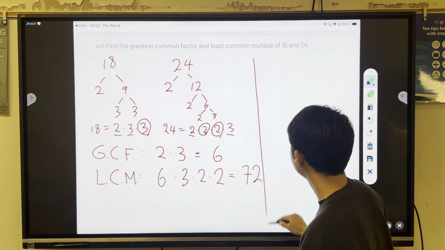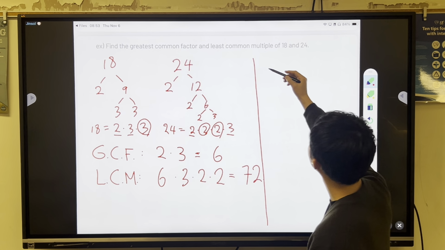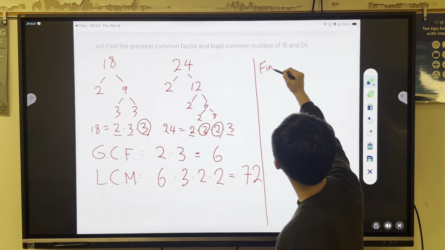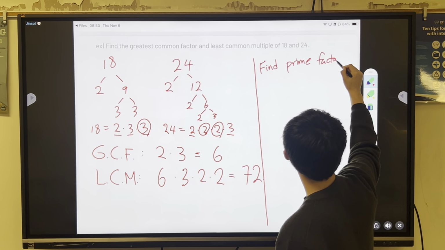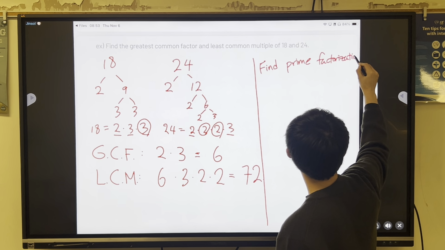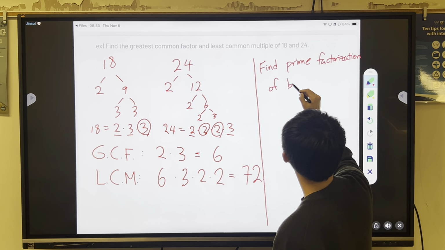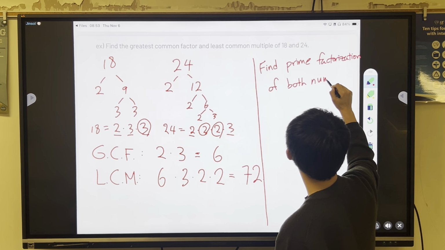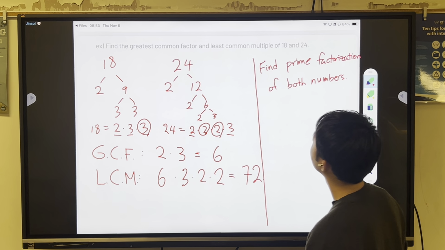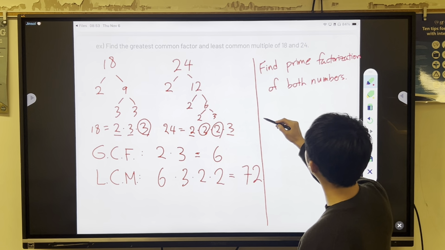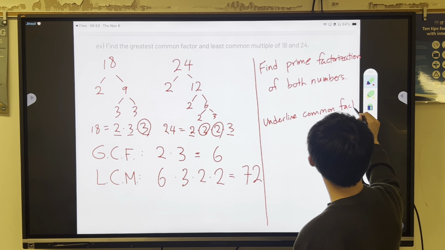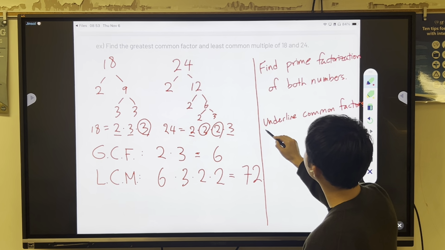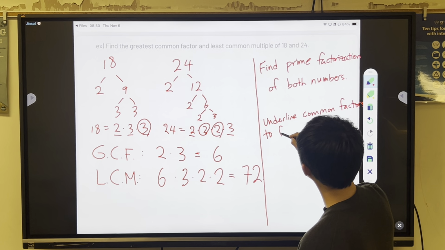Let's annotate our work. First, find the prime factorization of both numbers. And then we want to underline common factors to find the GCF.